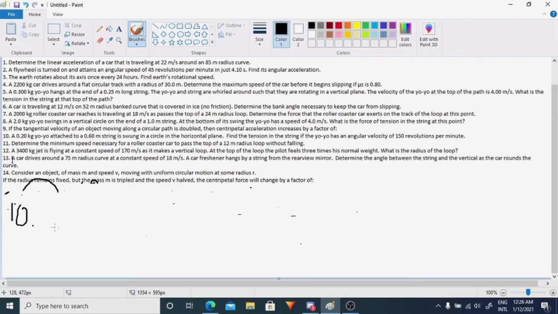So what's important to note is it says it is a horizontal circle, not a vertical one, which means gravity is no longer a factor. So the sum of all forces in the horizontal direction. Now in our plane, we have a horizontal to the right direction, that is one dimension, and then a horizontal up and down kind of direction.